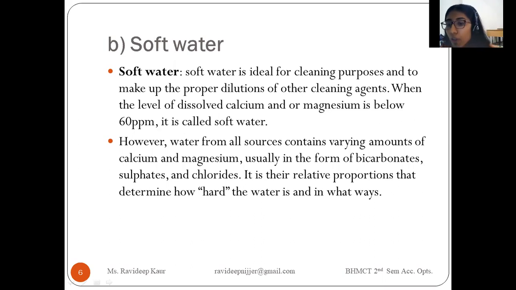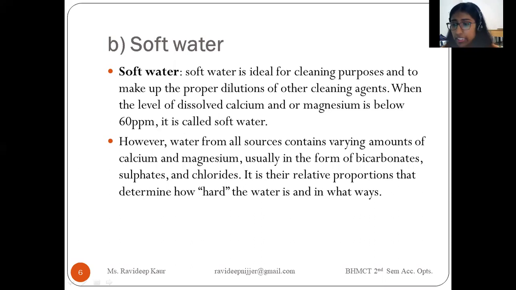However, water from all sources contains varying amounts of calcium and magnesium, usually in the form of bicarbonates, sulfates, and chlorides.